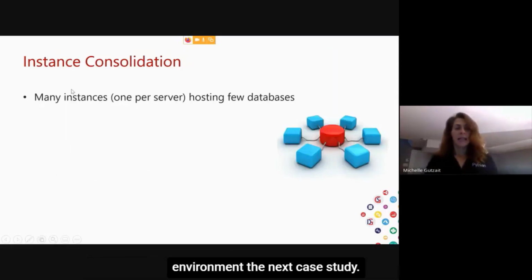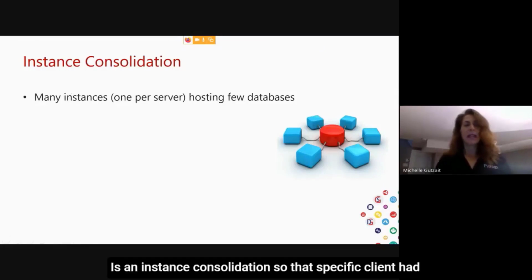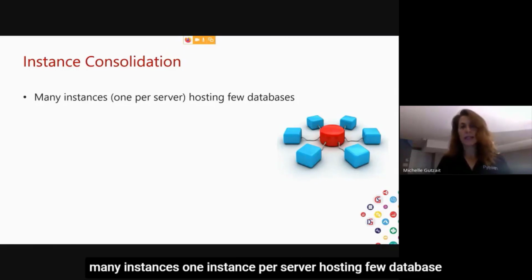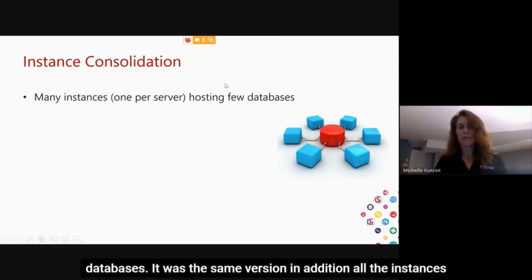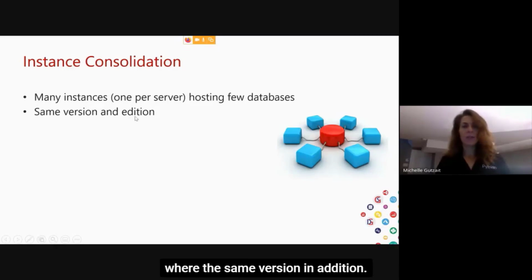The next case study is an instance consolidation. That specific client had many instances, one instance per server, hosting few databases. All the instances were the same version and edition.